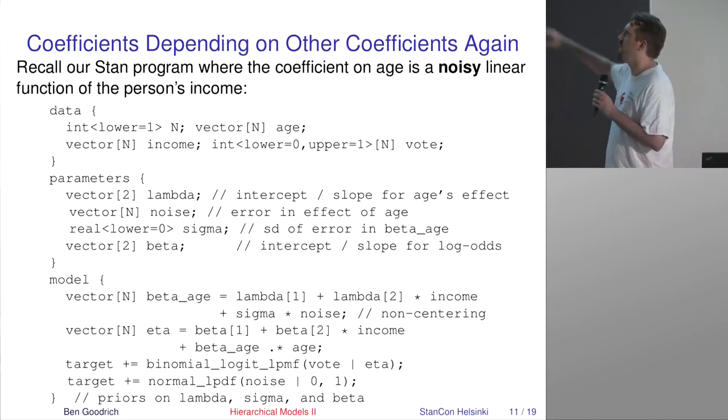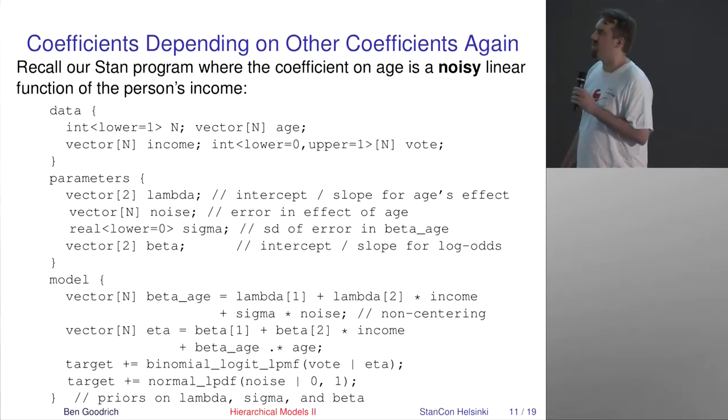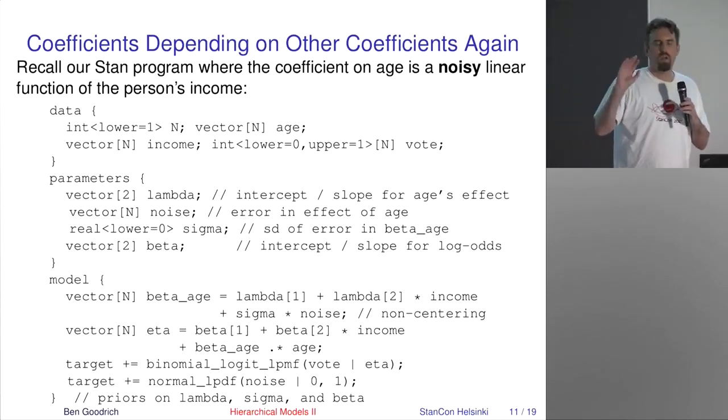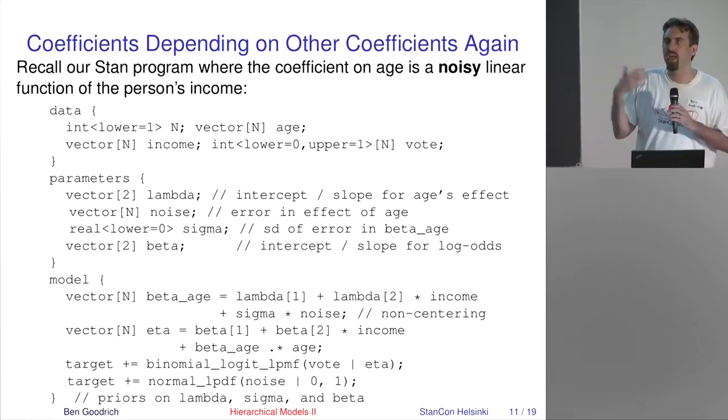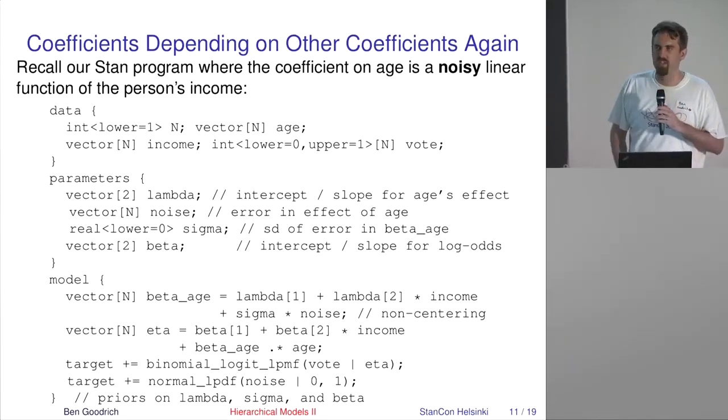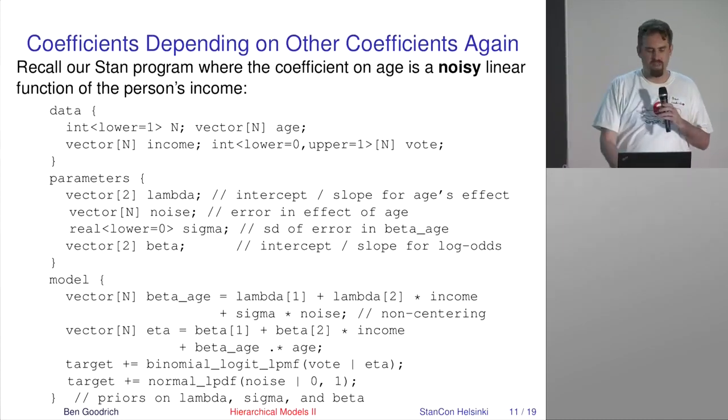But by doing the non-centered parameterization here, we make the second derivatives not change as much and make the function better behaved, easier for Stan to deal with, and that would probably be advisable for something like this.